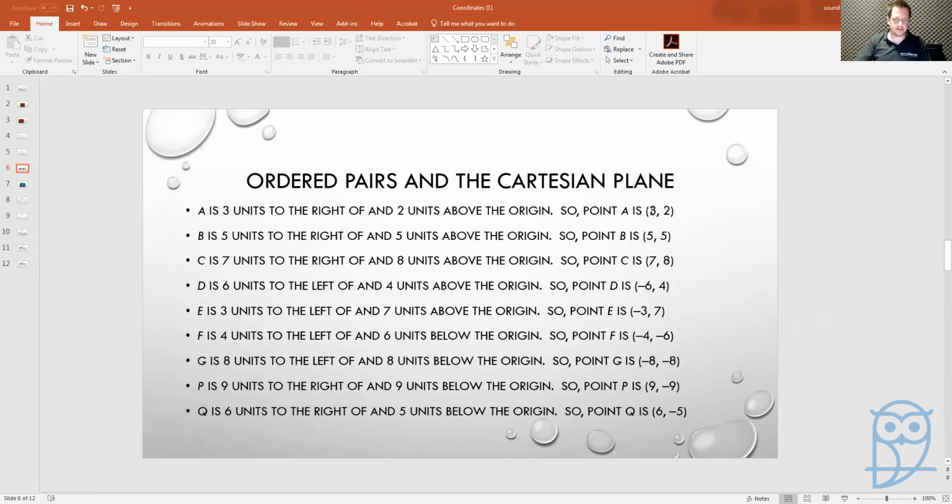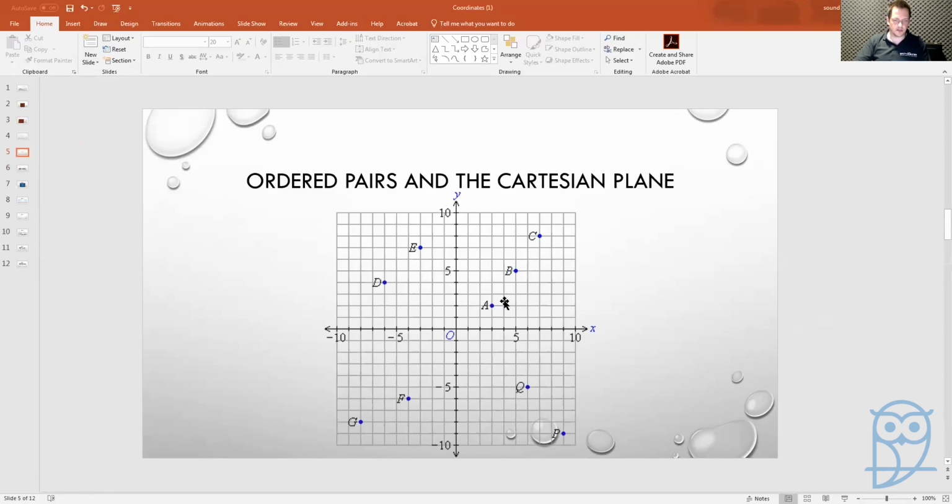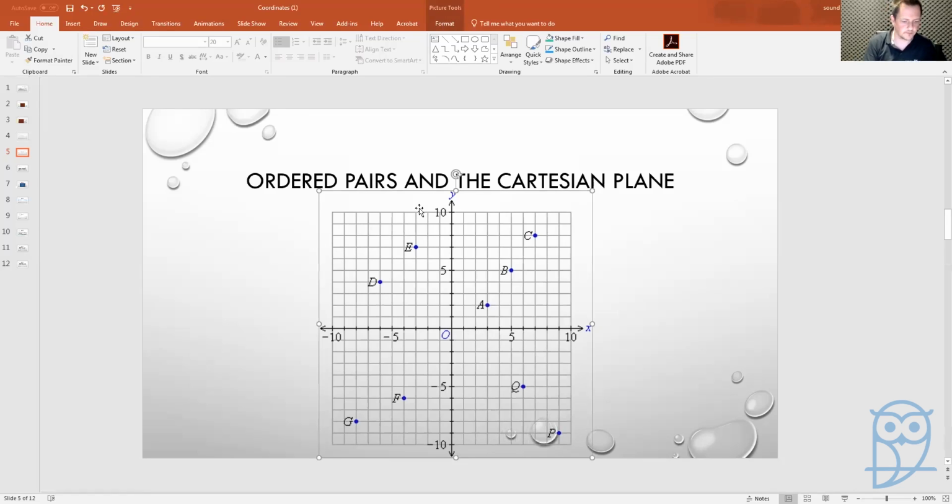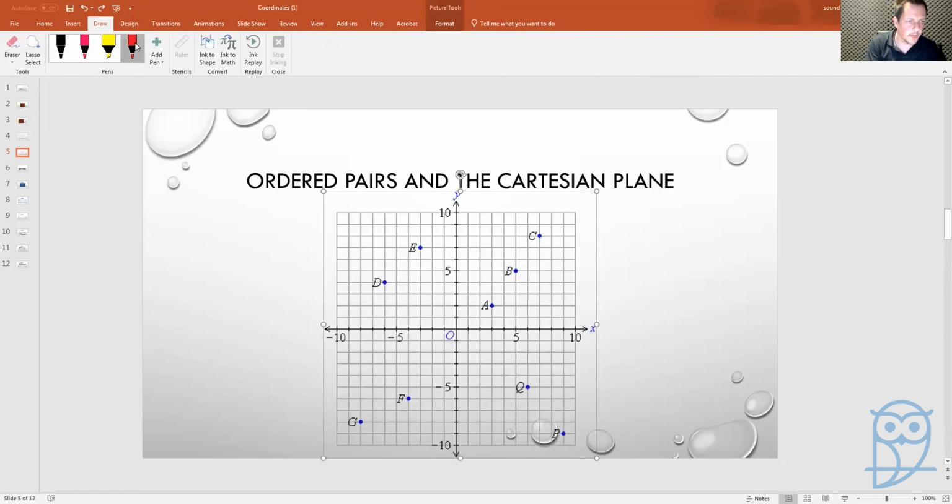So A is 3, 2, because remember, you always put the X first. How did I know that each notch was 1 unit? Well, I can see that this is 5 over here, and there's 1, 2, 3, 4, 5 notches up to 5.